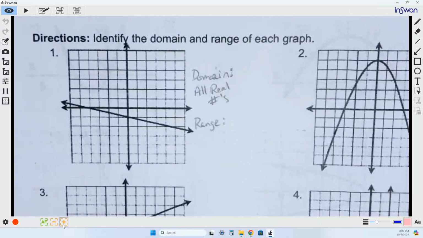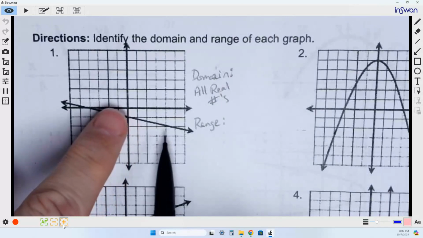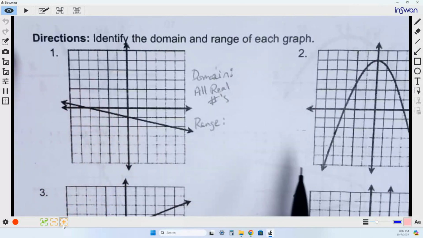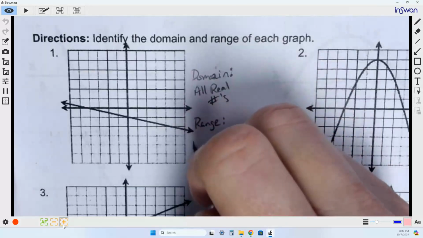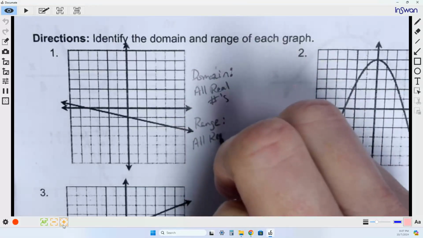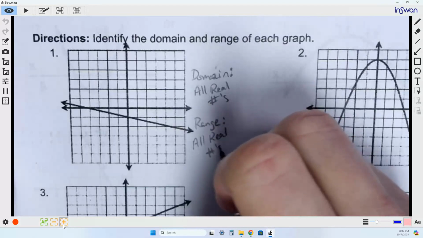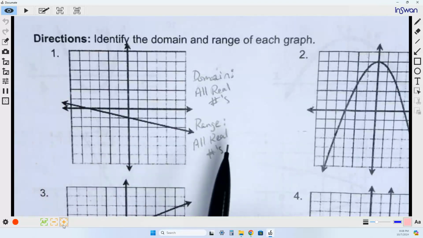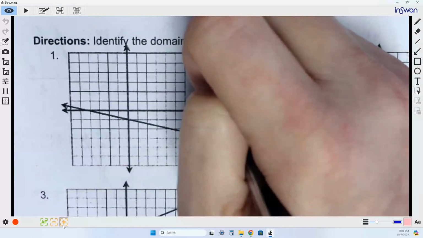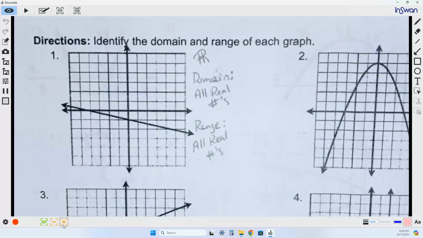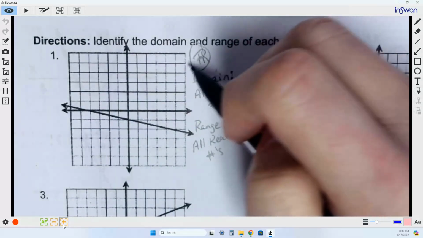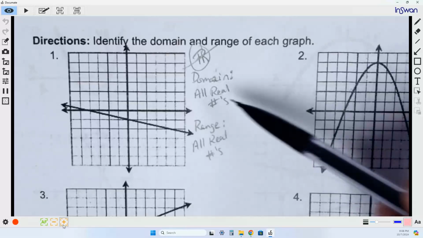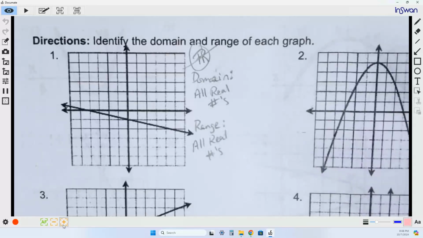So domain. My range, if I look at this line, it's going up and down forever and ever. So I'm also going to say all real numbers. I looked to see, does it stop or turn around anywhere? And in example 1, it does not. You may see on our answer key something that looks like a double R. We don't use that. Okay, go ahead and write out all real numbers as your answer.